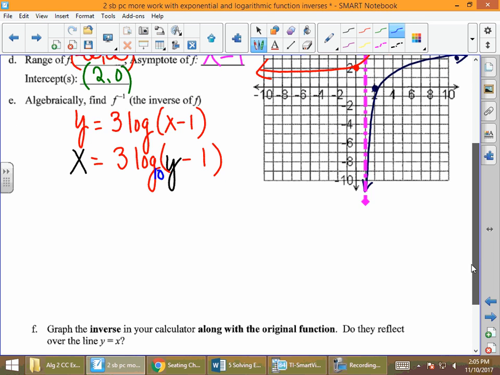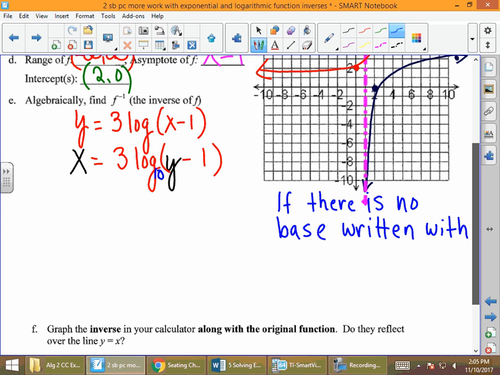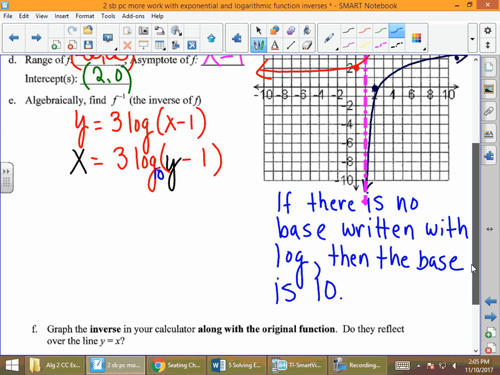If there is no base written with log, then the base is 10.